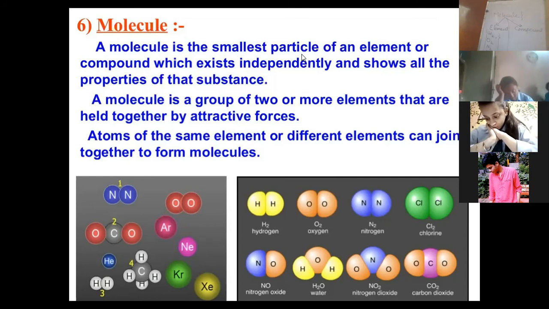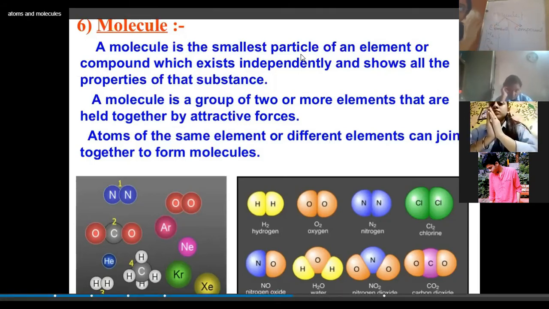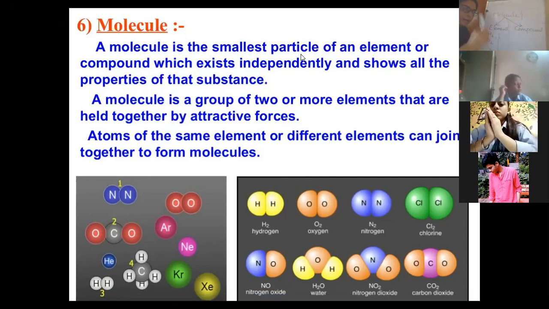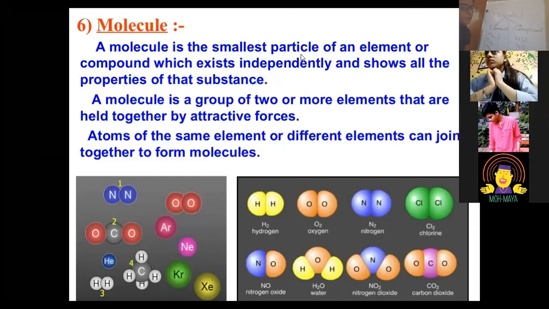Atoms of the same element or different elements can join together to form a molecule. If the atoms of the same element join together, it is called a molecule of an element. And if the atoms of different elements combine, like HCl, hydrogen chloride, NO2, CO2, H2SO4, you can see that these are not atoms of the same element.